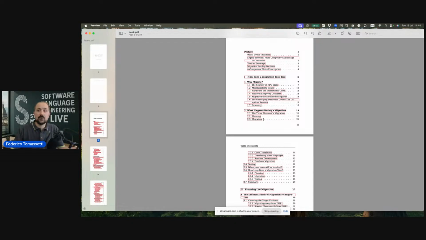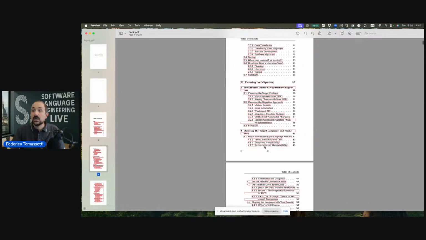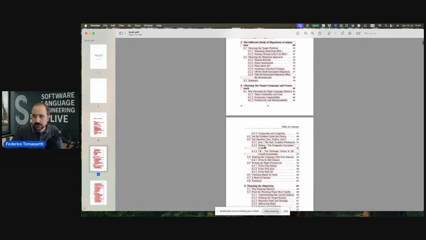They have no idea how long it should take, which phases it should have, what the challenges are, and what we should do. I try to share a little bit about this. Then the different kinds of migration, and choosing the target language. Some clients have a very clear idea about the language they want to target, but others don't, so we try to share some pointers about this.